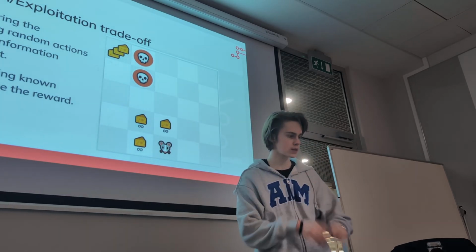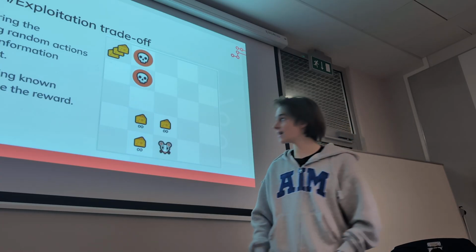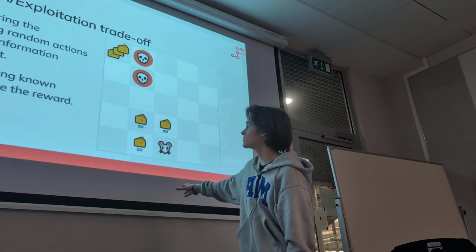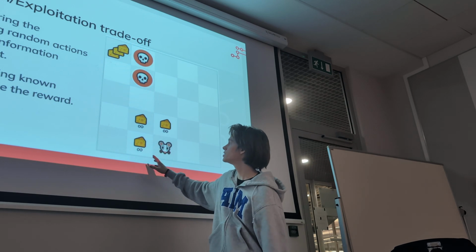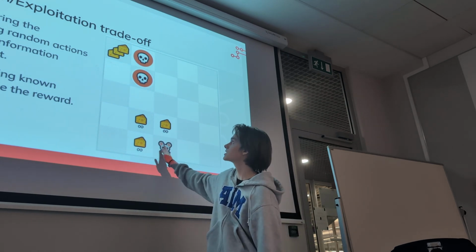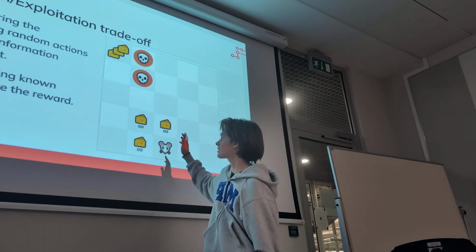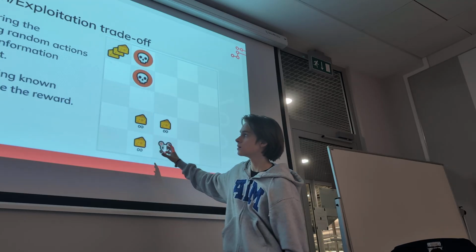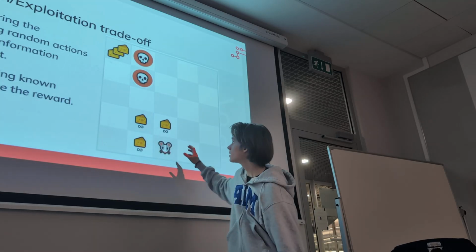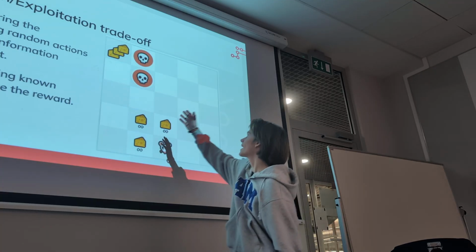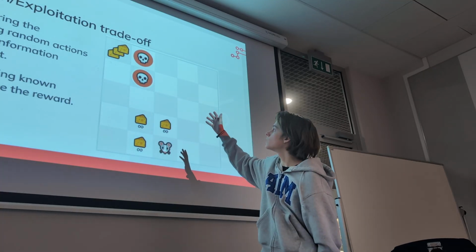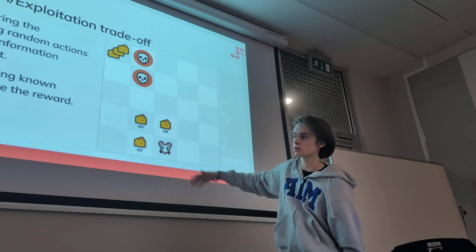For example, there is a mouse in some environment, and it knows if it goes to the left it gets one cheese, if it goes up it gets a second cheese, but it knows by maybe some trial that there are some cats, some things that will kill it, so it will not be able to continue.